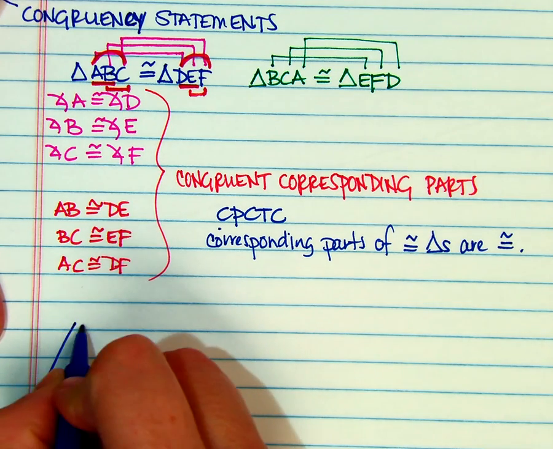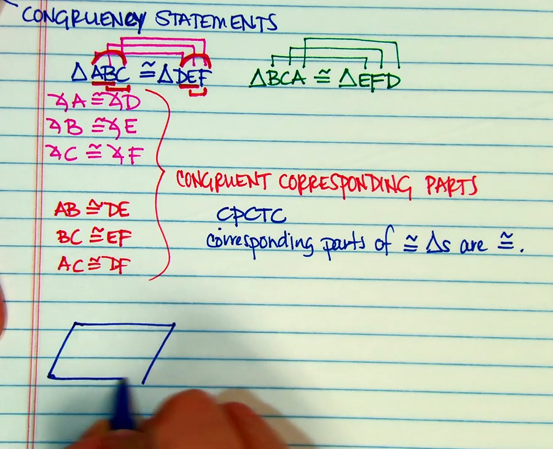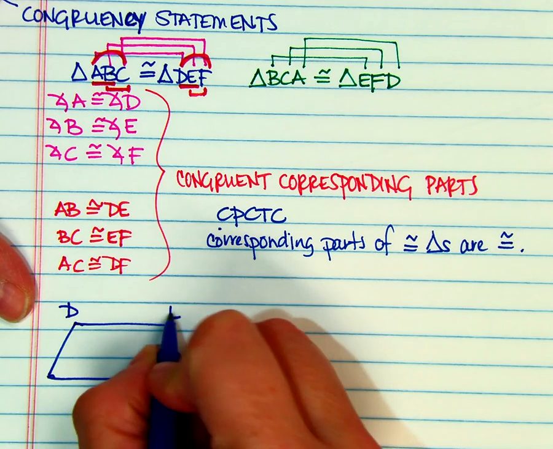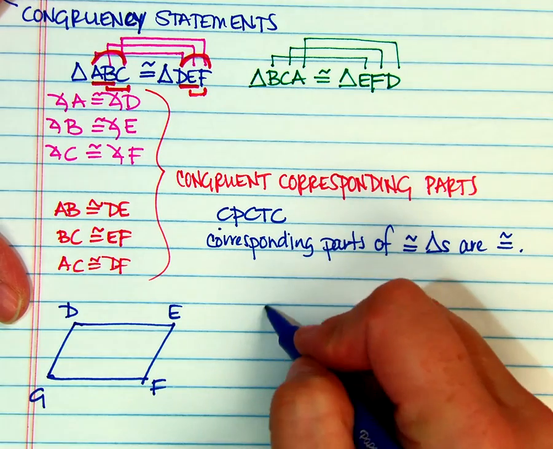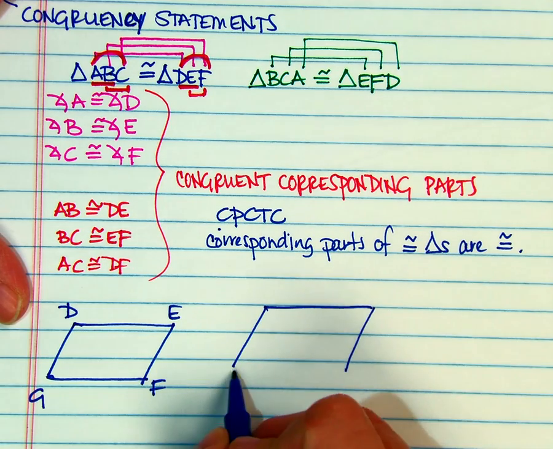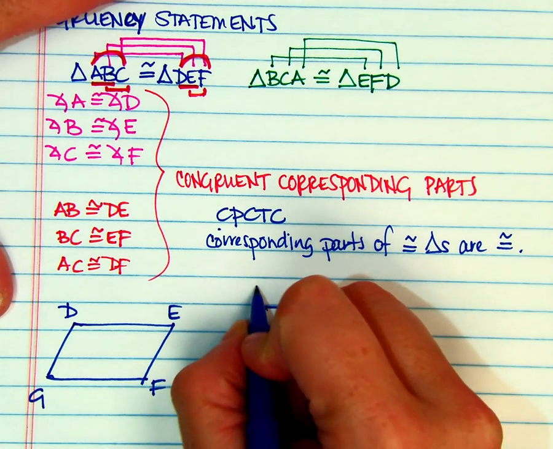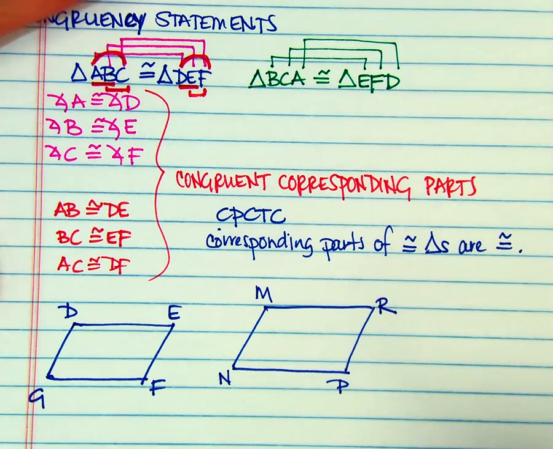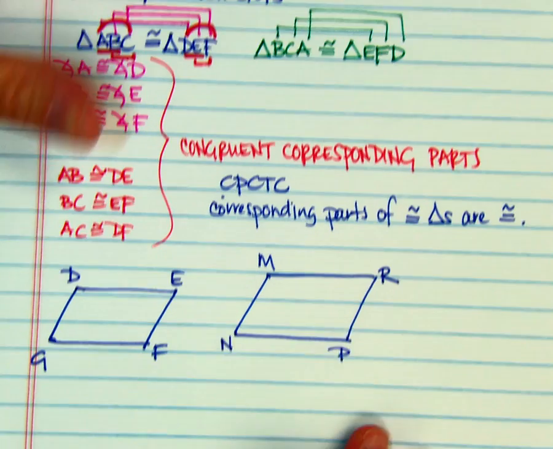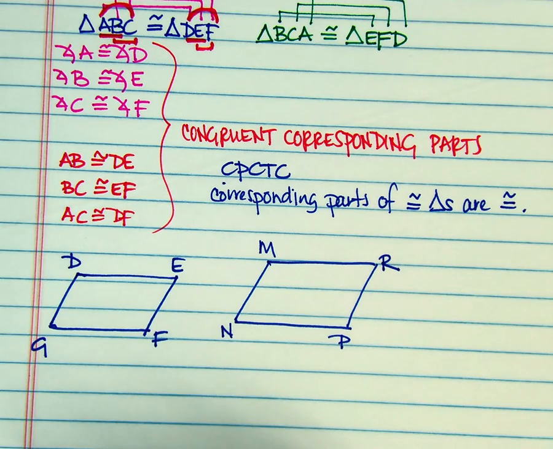So if I have a figure, so be careful. Another way of showing the congruent parts is by using tick marks.